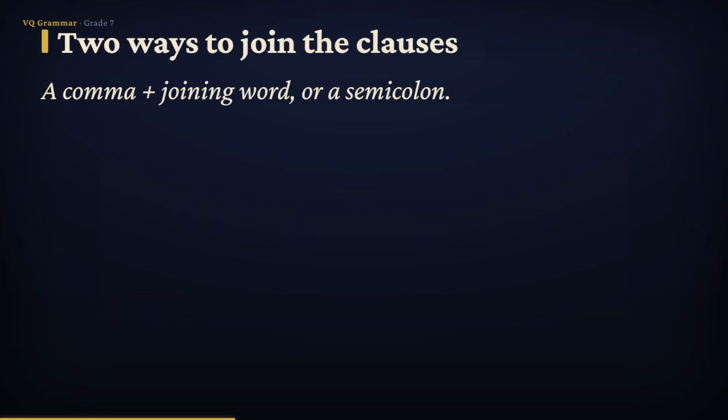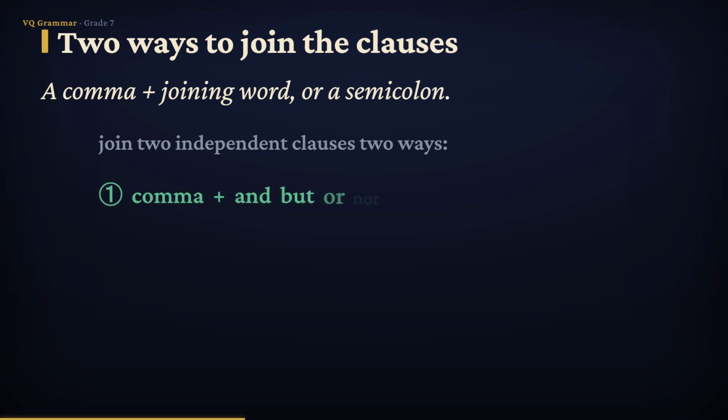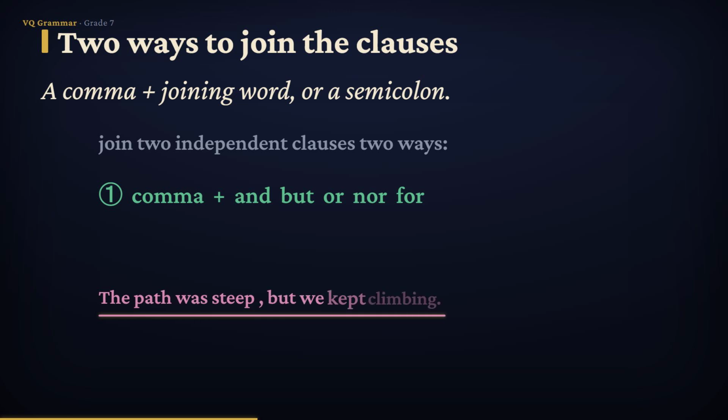How exactly do we join 2 clauses into a compound sentence? There are 2 ways, and both matter. The first way is a comma plus a joining word. Those joining words are and, but, or, nor, and for. Here's one in action. The path was steep, but we kept climbing.